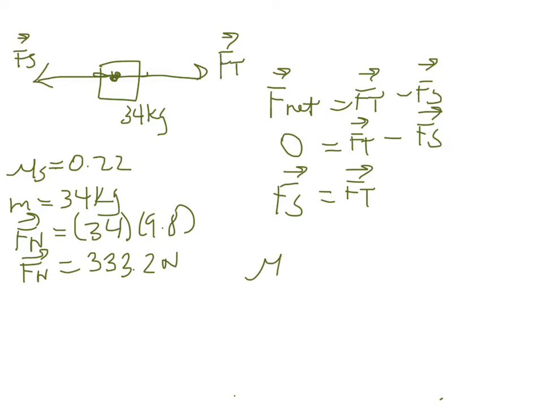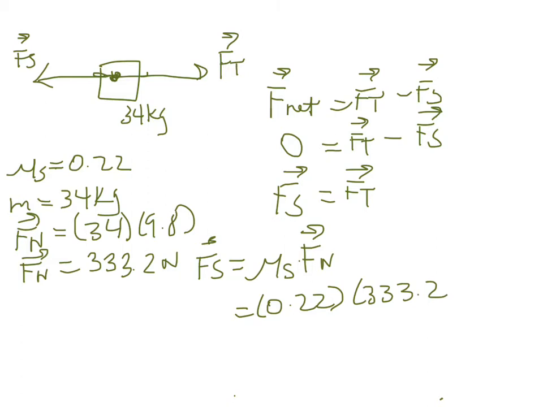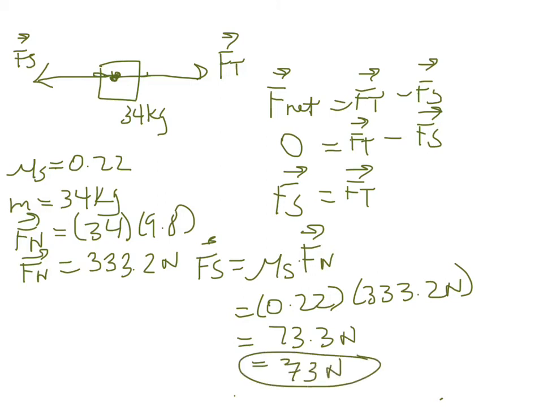Then we can calculate our force of static friction by multiplying those together, and our coefficient is still the same. So we get 73.3 newtons, which we'd round to 73 newtons because we just want two significant figures. Again, our force of tension is equal to our force of static friction because our F net is 0, since we don't have any motion.